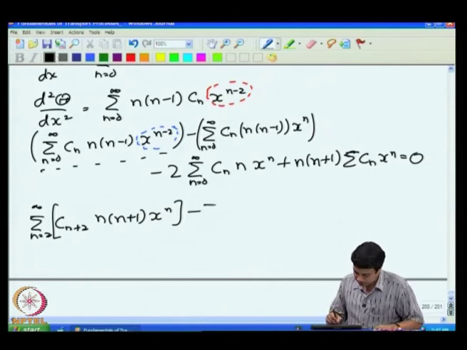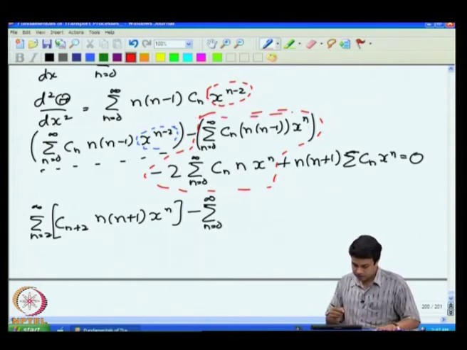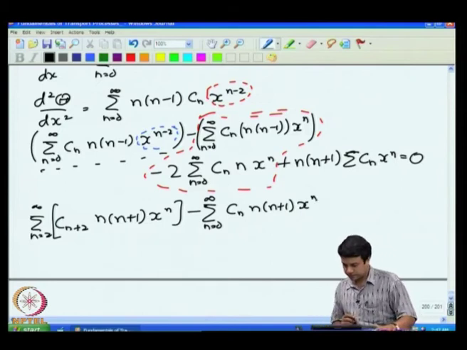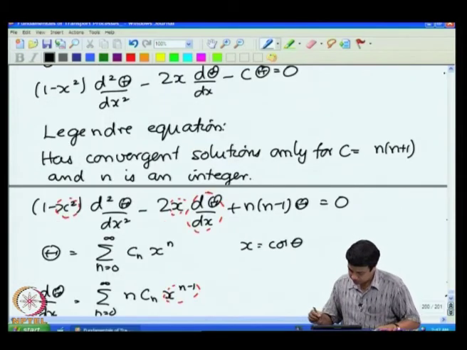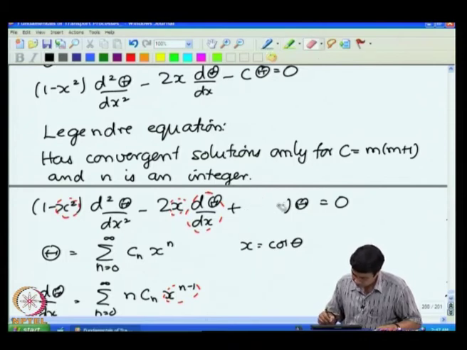So, this will become minus summation n is equal to 0 to infinity. These two terms can be combined. I can combine these two terms. And once I combine those, what I will get is Cn n into n plus 1 x power n. I am confusing here, so let me just set this as something else.